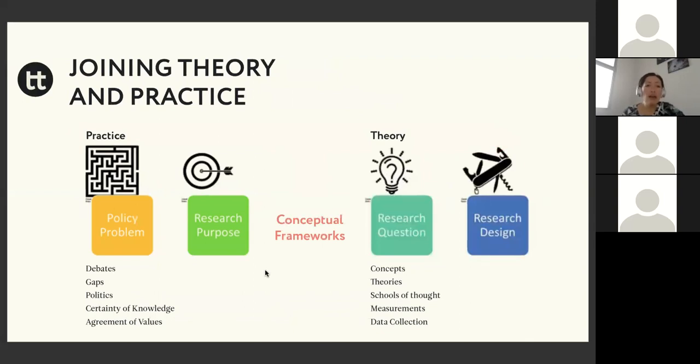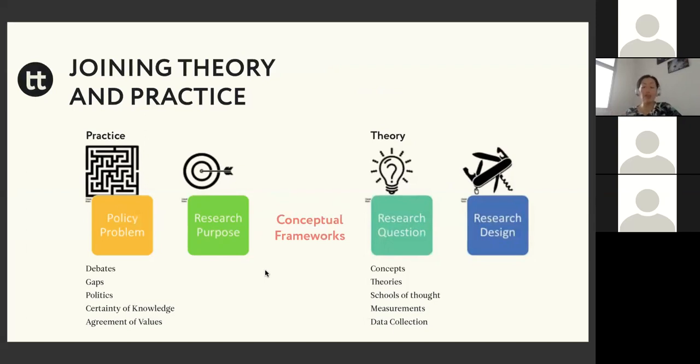So now what is important is to be able to join theory and practice. And that is the critical aspect of being pragmatic with our research. The practice is what we see out there, what we see in the policy space. And this is what we've seen in the first part of our webinar: how we understand policy problems, where we are in terms of knowledge and values. This is the practical understanding.